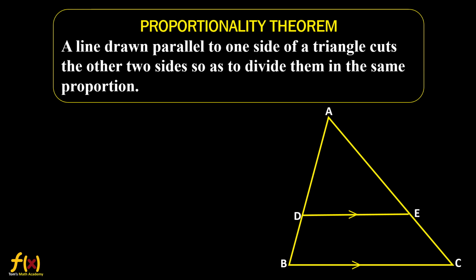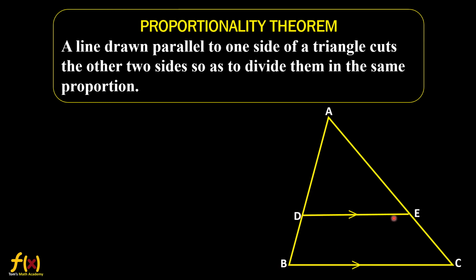So here is the most important theorem for the metric learners. A line drawn parallel to one side of a triangle cuts the other two sides so as to divide them in the same proportion. A line drawn parallel to one side, what is that? Look at this line. DE is parallel to BC.